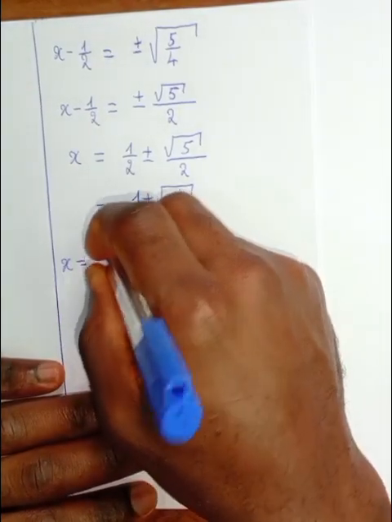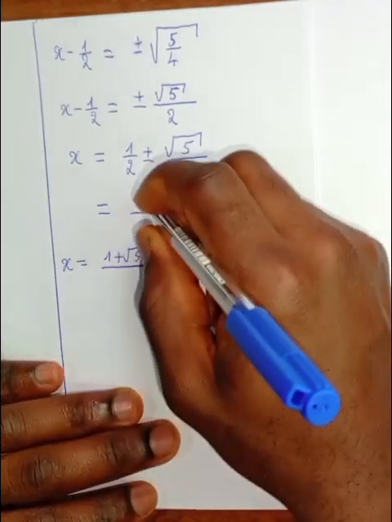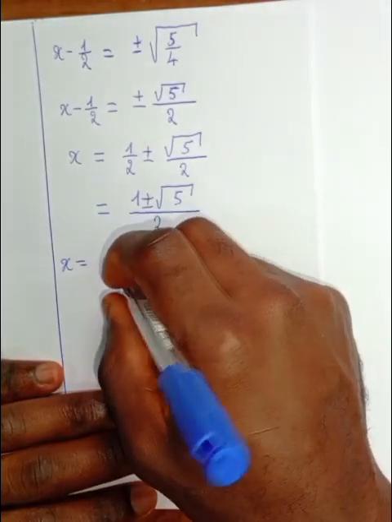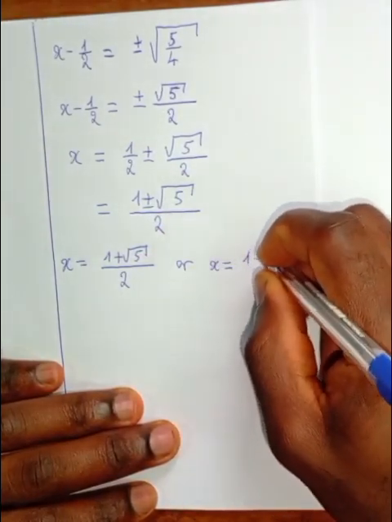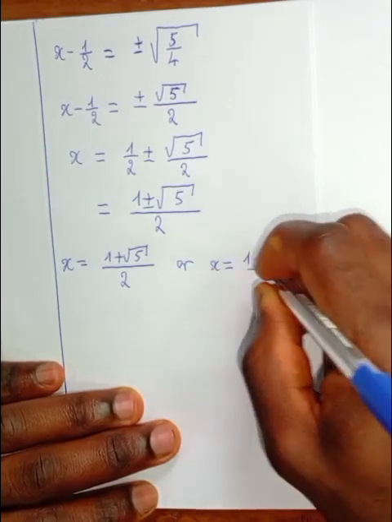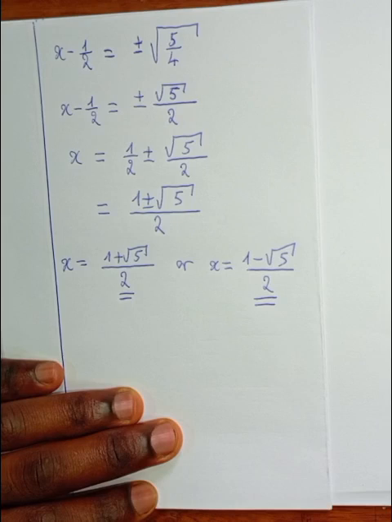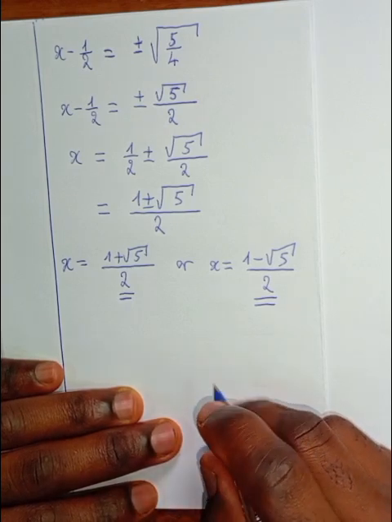At this level, we obtain x equal to 1 plus root 5, because you cannot be working with addition and subtraction at the same time. So x is equal to 1 plus root 5 divided by 2, or x is equal to 1 minus root 5 divided by 2. So these are the solutions of the given quadratic equation.